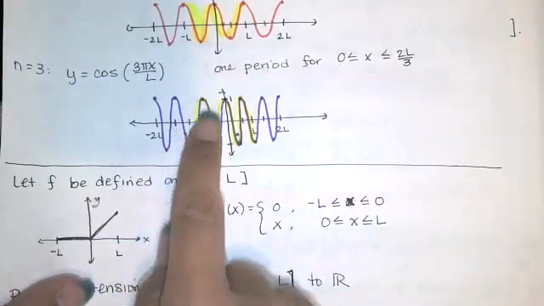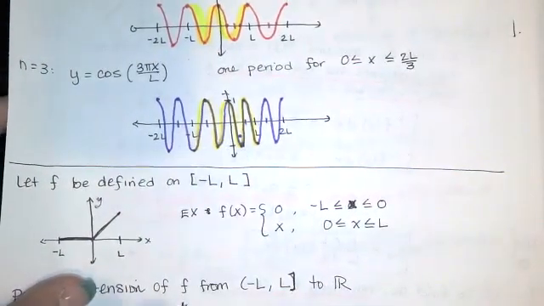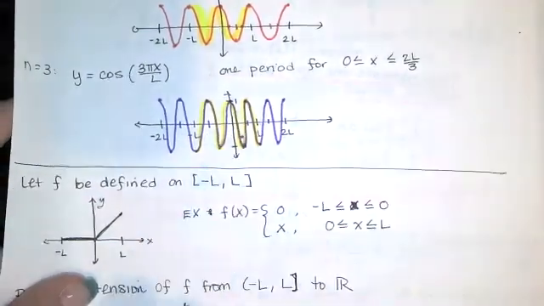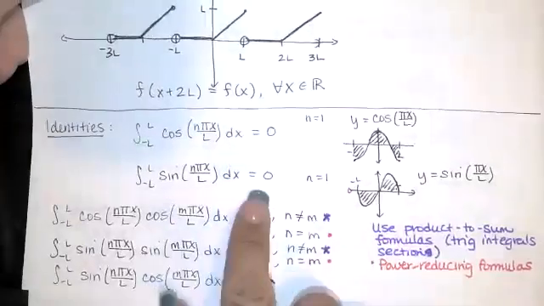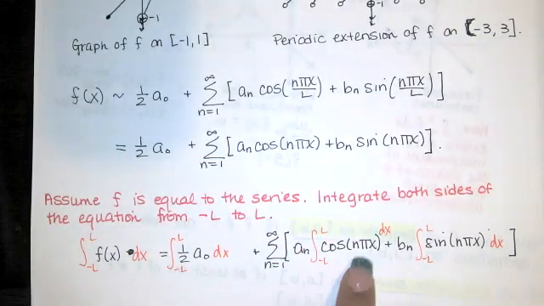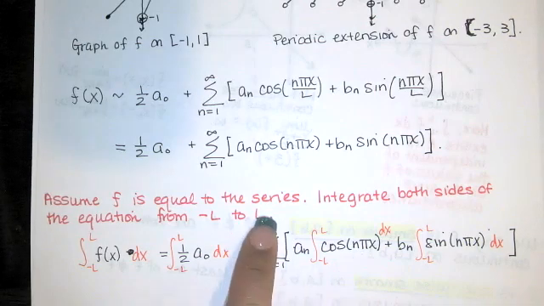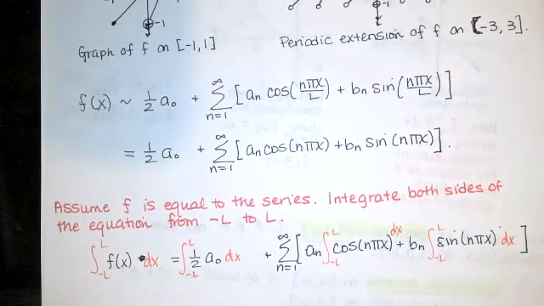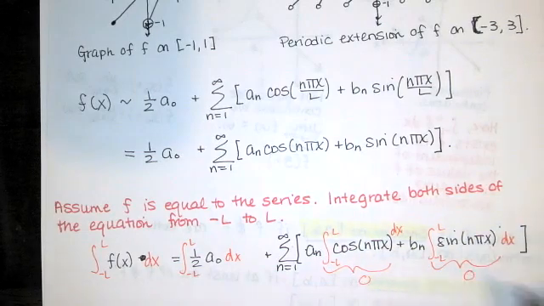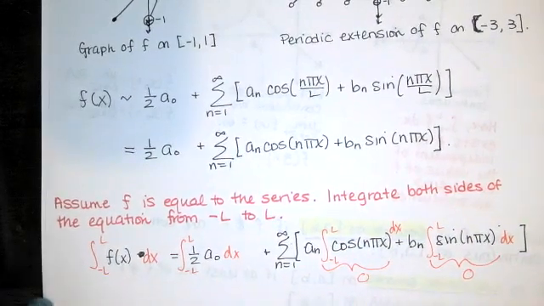So remember, for different values of n, you just get more cycles on that interval from negative L to L, but still the area above the x-axis is matched by the area below the x-axis, and you're going to get 0 every time. So this will equal 0 for all n equals 1 through infinity. So will this. So that's nice.